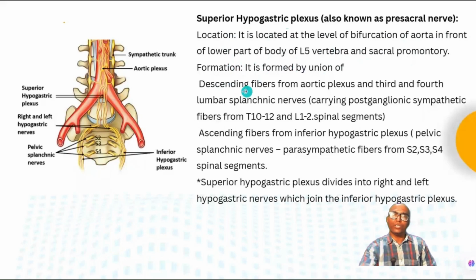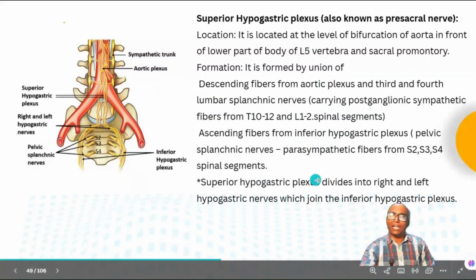It is formed by the union of the descending fibers from the aortic plexus, and third and fourth lumbar splanchnic nerves carrying the postganglionic sympathetic fibers from T10 to T12 and L1, L2 spinal segments, and also ascending fibers from the inferior hypogastric plexus, and pelvic splanchnic nerves. They will form your superior hypogastric plexus.